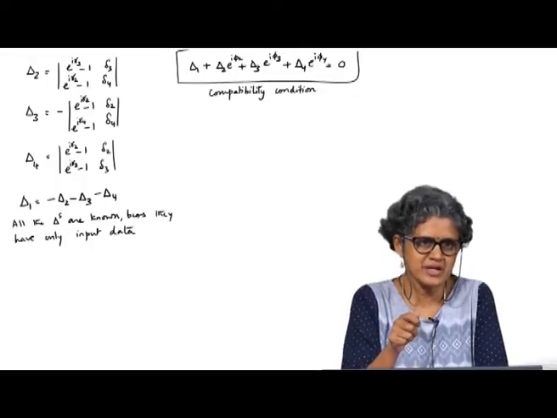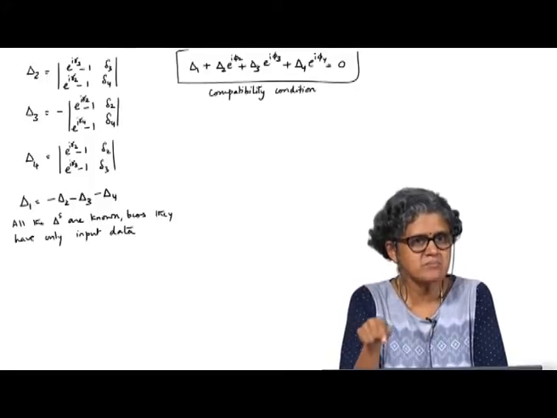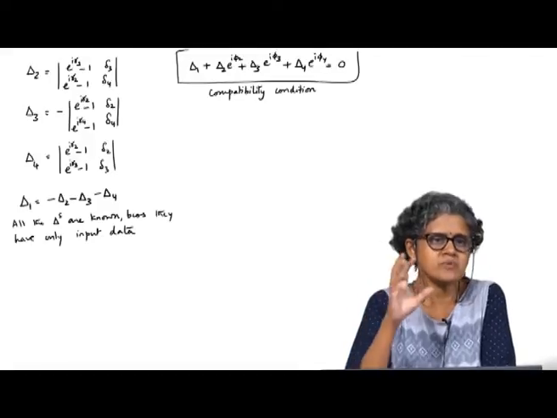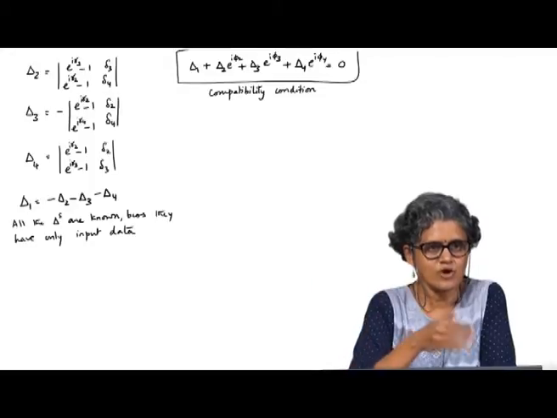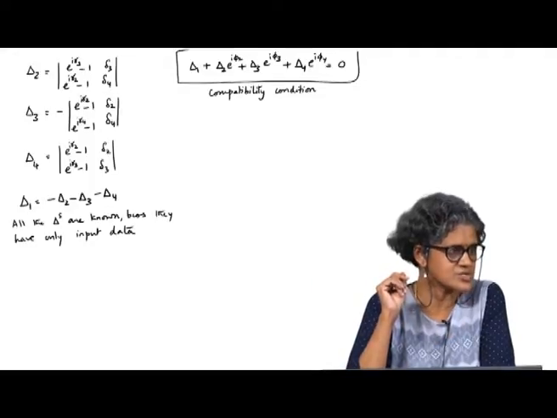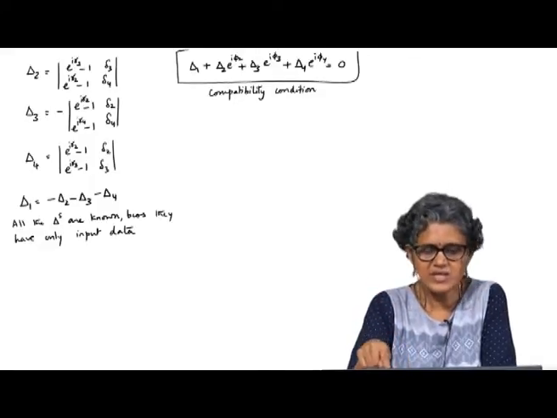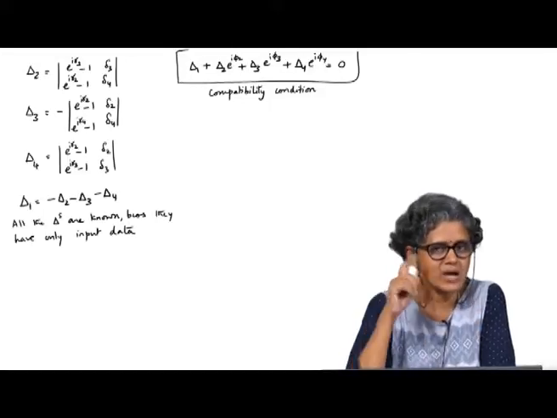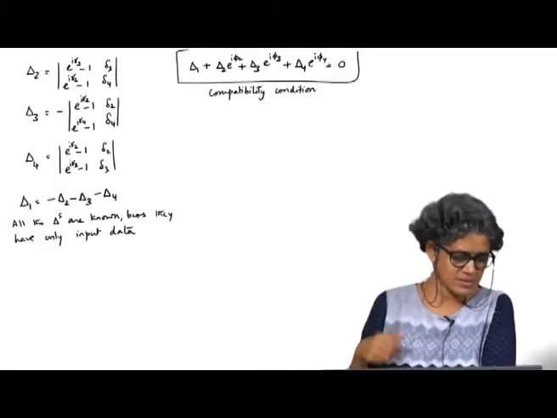I can choose my phi 2 and then my phi 3 and phi 4 get determined by this condition. So, I cannot use any random group of phi 2, phi 3, phi 4 for my solutions. A particular phi 2, phi 3 and phi 4 should satisfy this condition in order for me to have a solution for Z1 and Z2. That is what this essentially tells me.